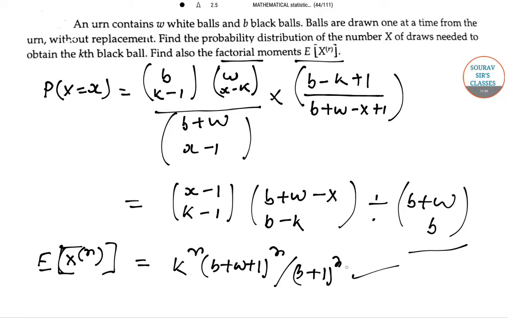So we have solved the question. We have found the expectation of X to the power r, which is this. So I'll be expecting you to go through it once for 1 minute so that it will be clear to you before we go to the next question.